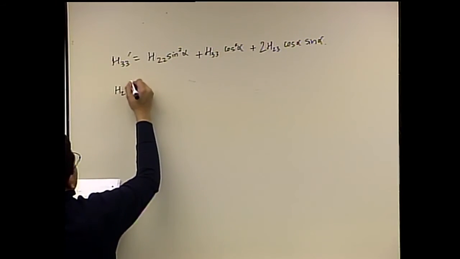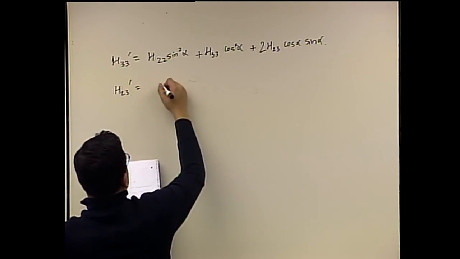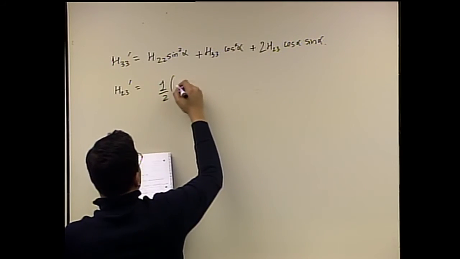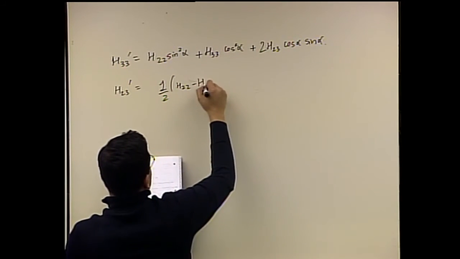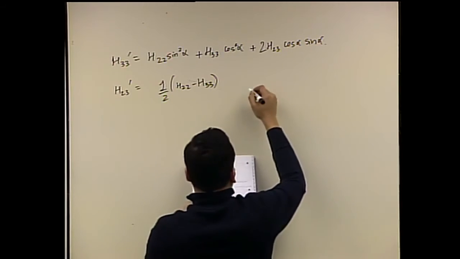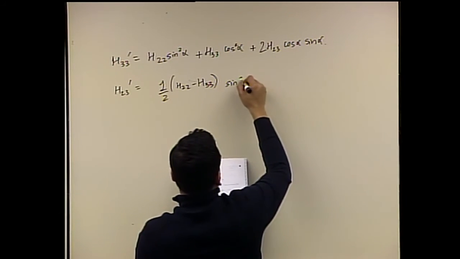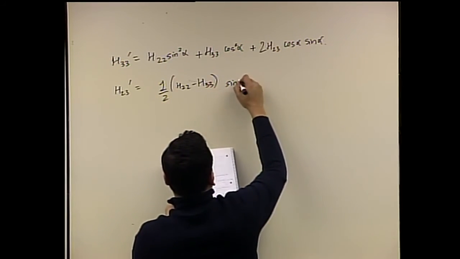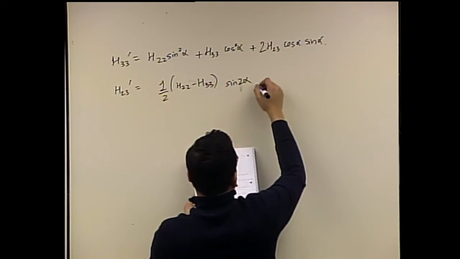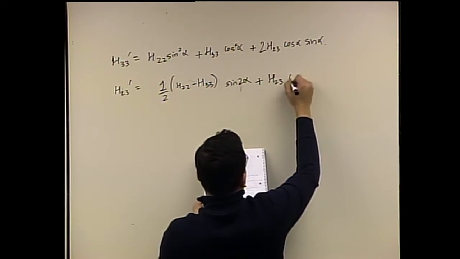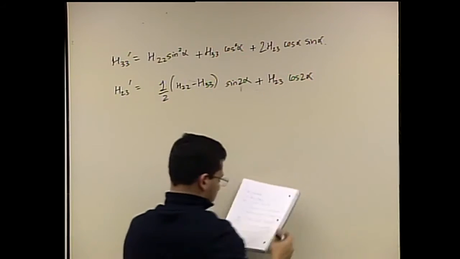And H23 prime can be written as 1 over 2 H22 minus H33 sine 2 alpha plus H23 cosine 2 alpha.